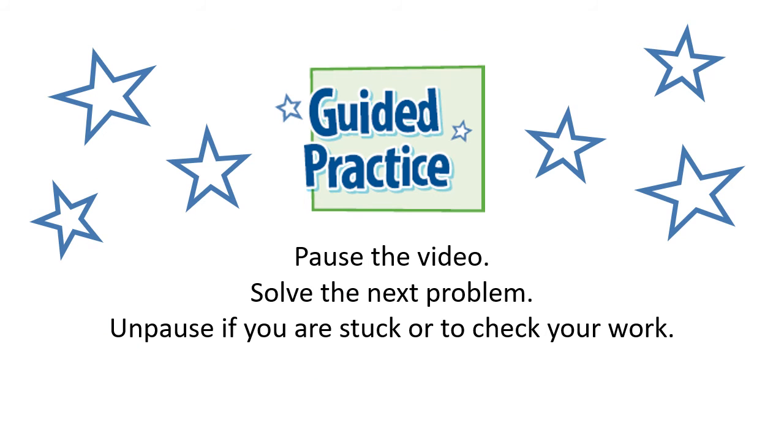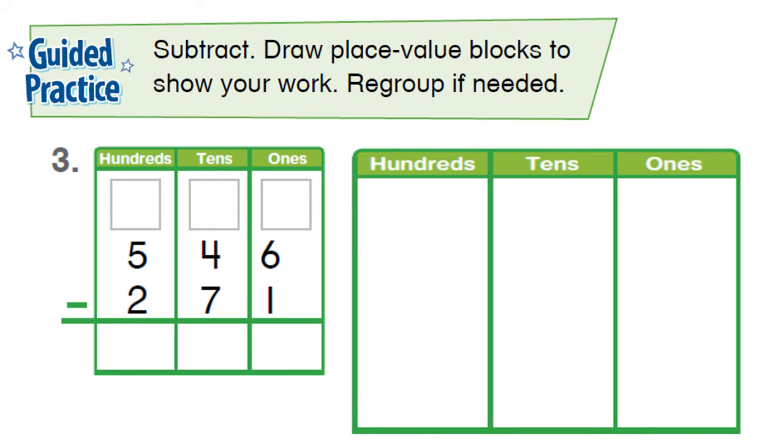Pause the video, solve the next problem, unpause if you are stuck, or to check your work. This is number 3, 546 minus 271. Again, we're going to split our chart up into a top half and a bottom half.